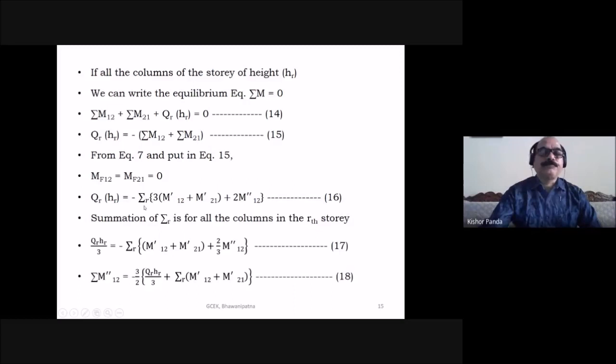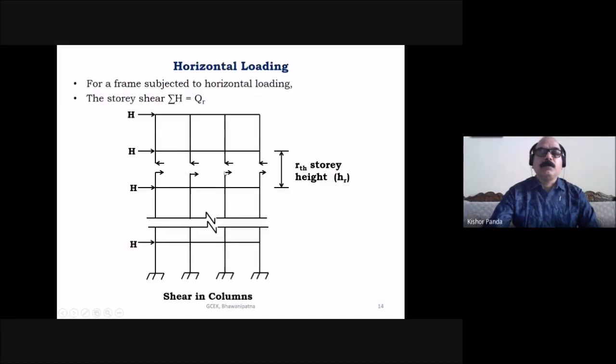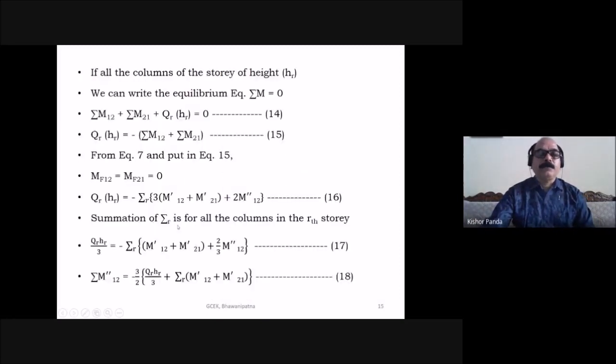Then QR HR is equal to summation of 3M'12 plus M'21 plus 2M''12. Summation of R is for all the columns in the r-th story. So how many columns are there? For those columns, this is the summation.